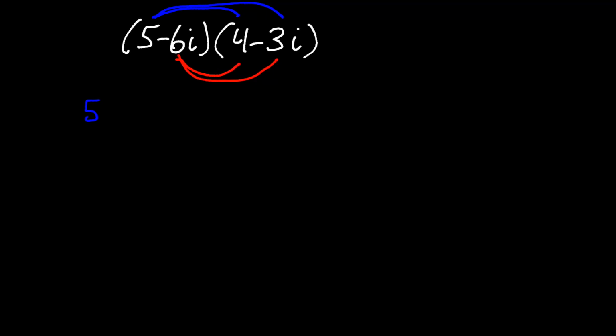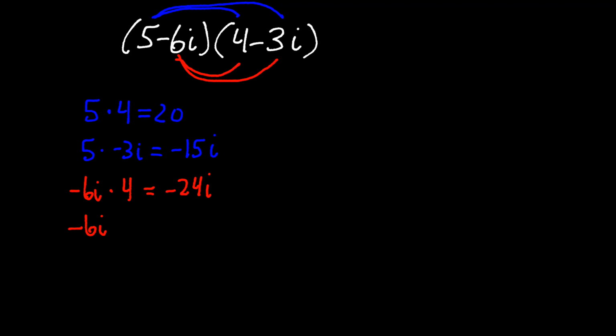So we can start with 5 times 4, which is 20, and 5 times negative 3i, which is a negative 15i. Then I have negative 6i times 4, which is negative 24i. And lastly, we have negative 6i times negative 3i, which is positive 18i squared.